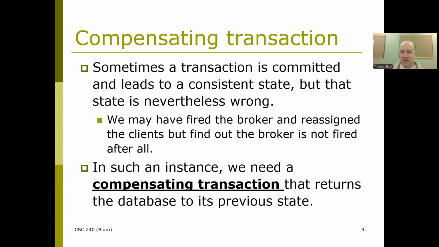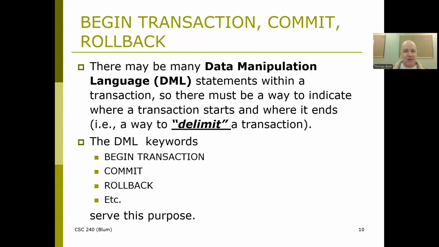So if we have a let a broker go transaction, we might have a hire or bring back transaction. It may be we just use a hire transaction, or it may be a bring back transaction, maybe a different transaction.